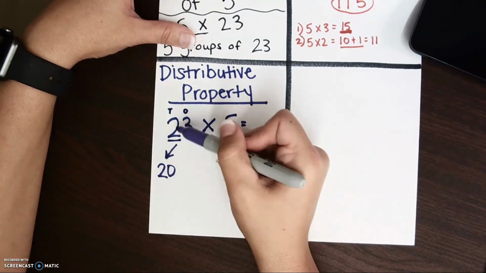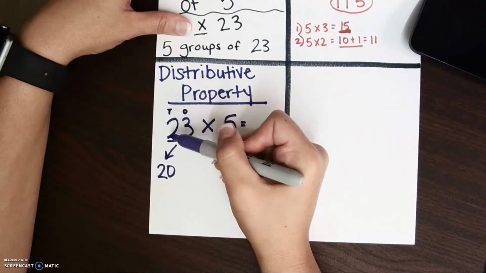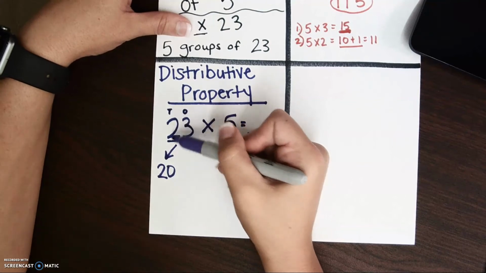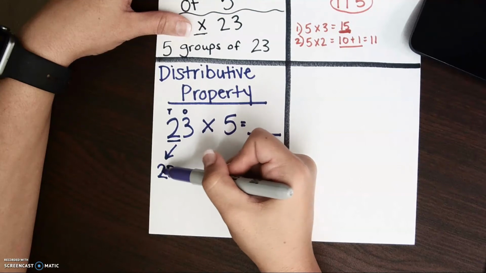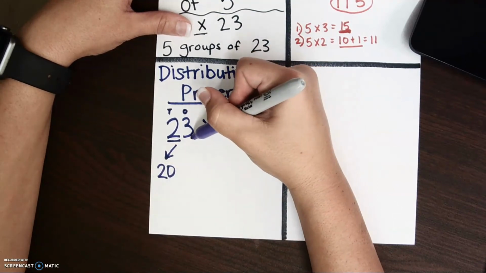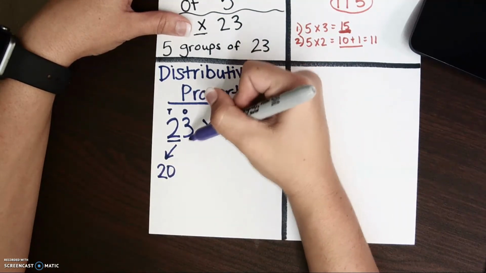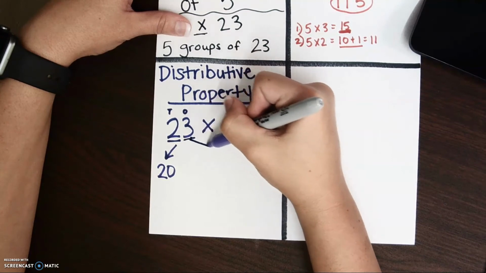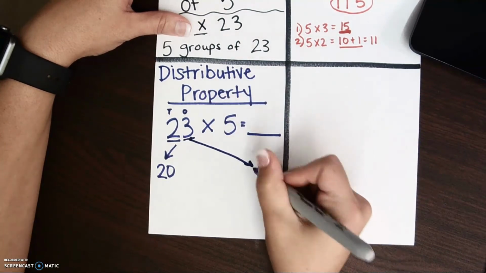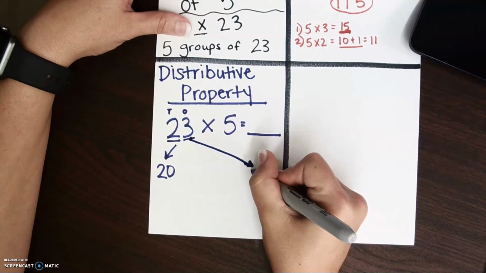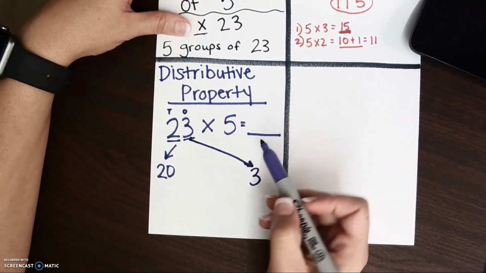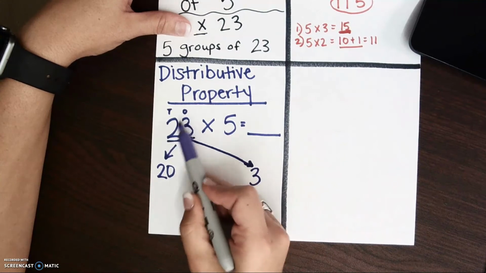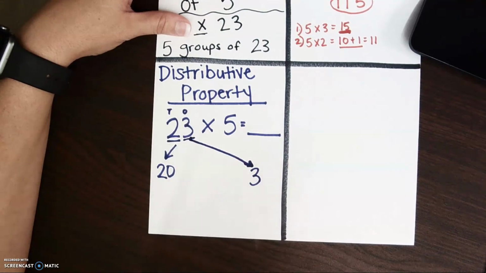That can remind you that if this 2 is in the tens, it's 2 times 10, which gives me 20. I'm going to put that 20 over here to the left, and my 3 is in the 1 spot, so it's just worth 3 because it's only in the 1 position. So I'm going to put my 3 over here. And then I've divided this first big number up into my 20 and my 3.